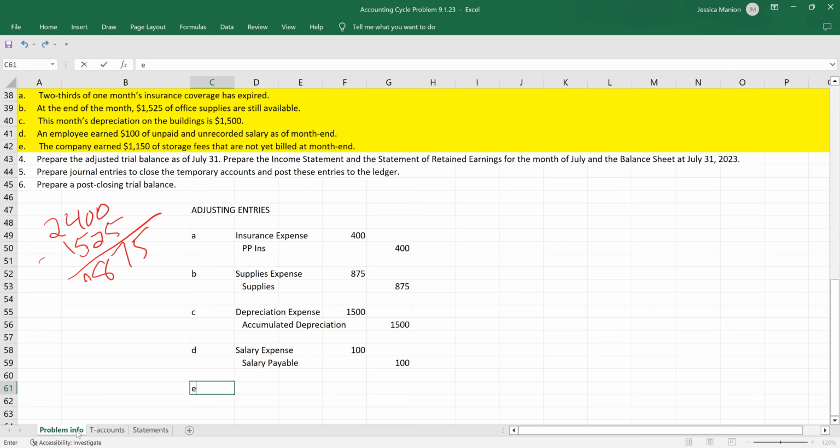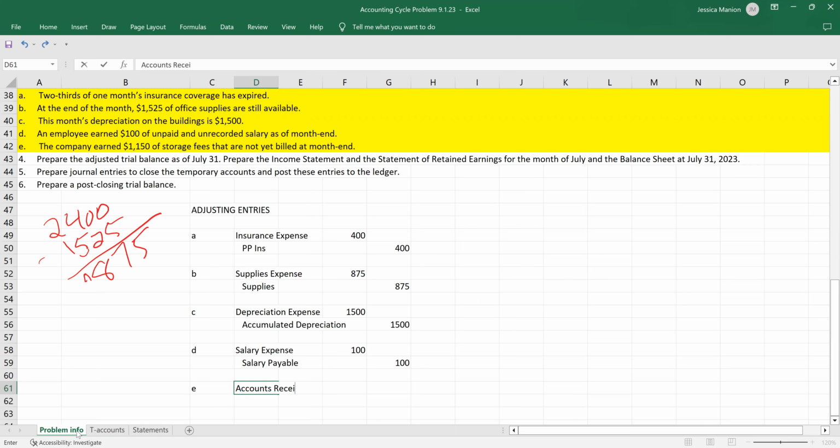All right, last adjusting entry. The company earned $1,150 of storage fees that are not yet billed at end of the month. Okay, so we need to enter this into our accounting system. We need to bill them. So hopefully you remember when our customers owe us money, we call that accounts receivable.